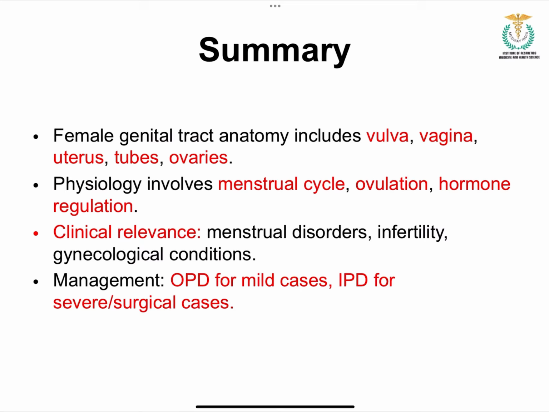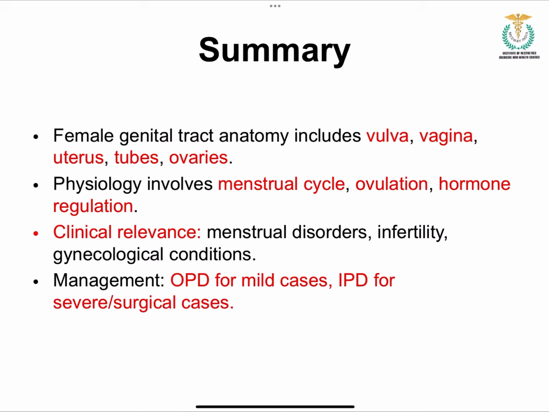These three are the important physiology happening in the female genital tract. And on clinical relevance, understanding the female genital anatomy and physiology is very essential for both diagnosis and management. Once you know the anatomy exactly, and the physiology, especially of the menstrual cycle, ovulation, and hormones, these are the most important points in diagnosing and managing OPD and IPD cases.